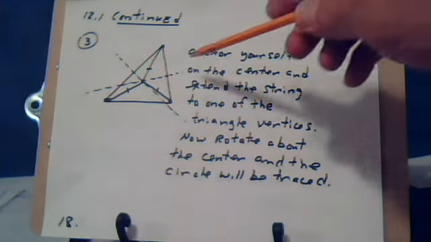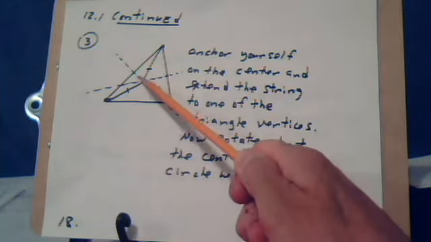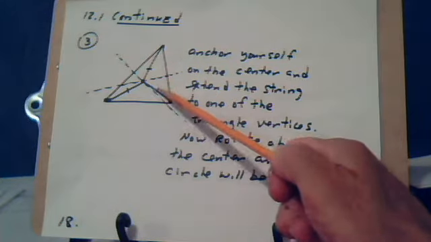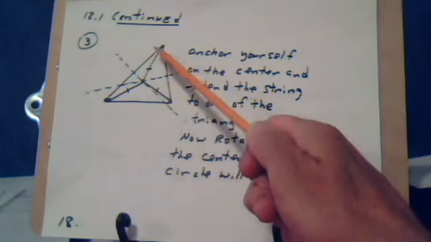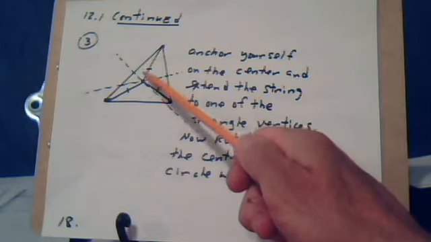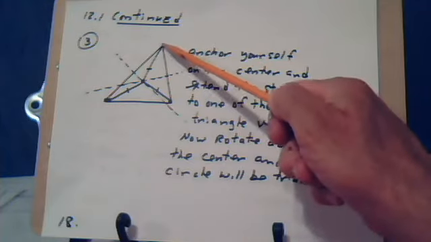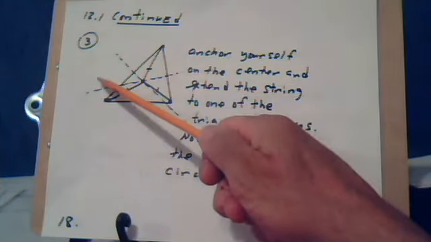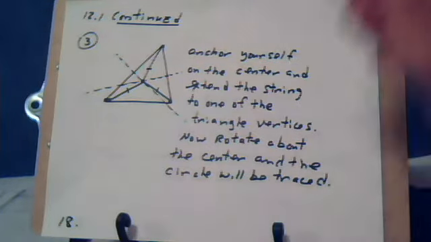So again, notice that this is the center of that circle, and these are the radii of the circle. If you anchor yourself here at the center, put the spiky part of the compass here and the drawing side here, and just start drawing, it will follow where it's supposed to, and that circle will touch these three vertices.